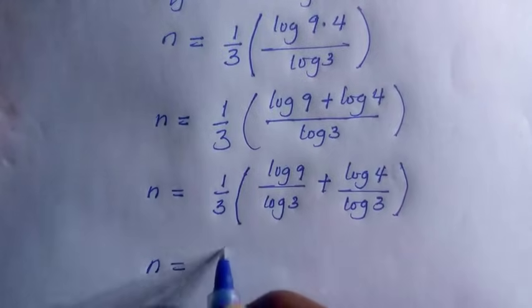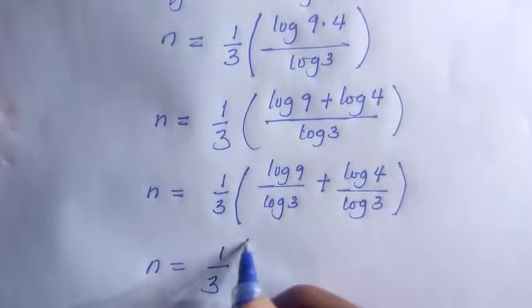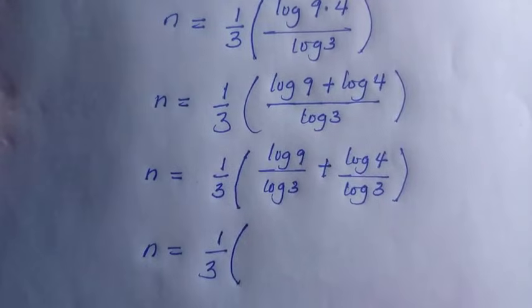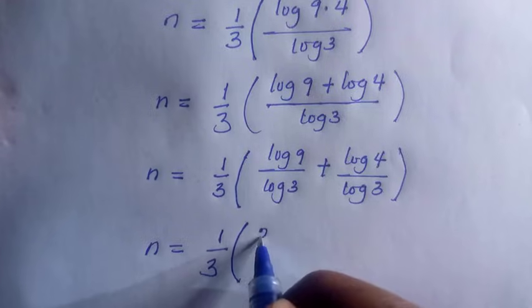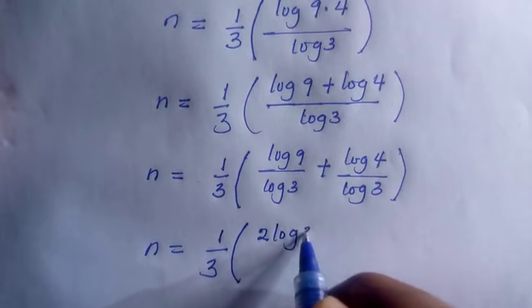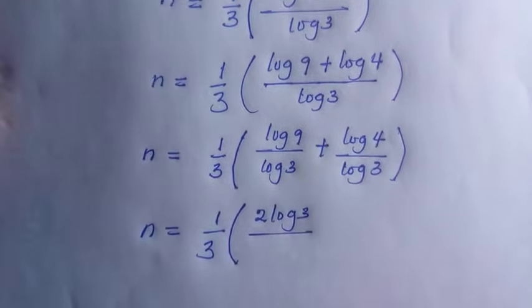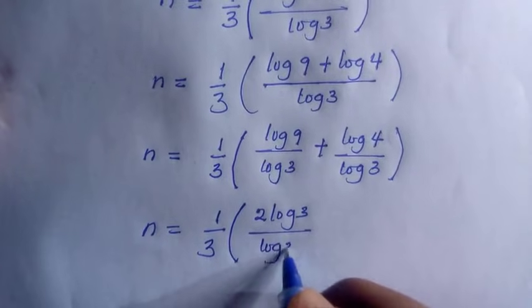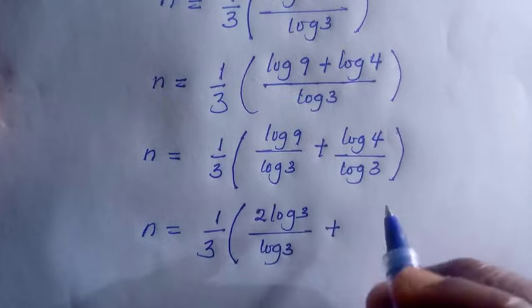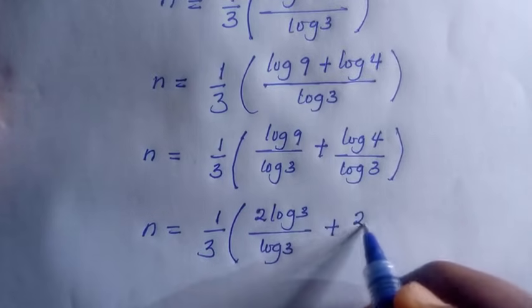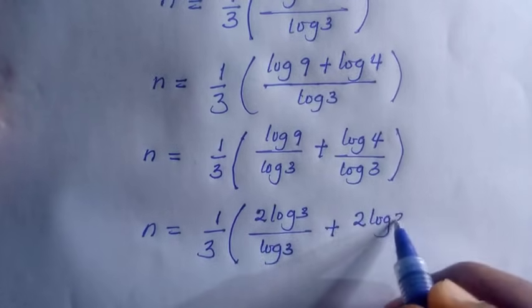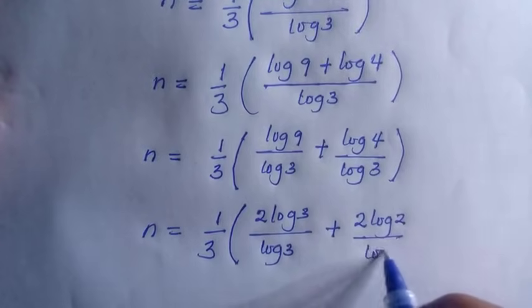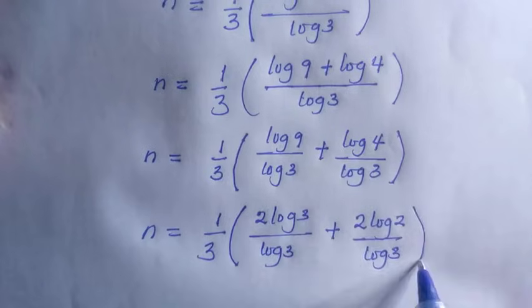Then n equals 1 divided by 3 into bracket of, so log 9 can be written as 2 log 3 divided by log 3 plus, and also log 4 we can write as 2 log 2 divided by log 3.